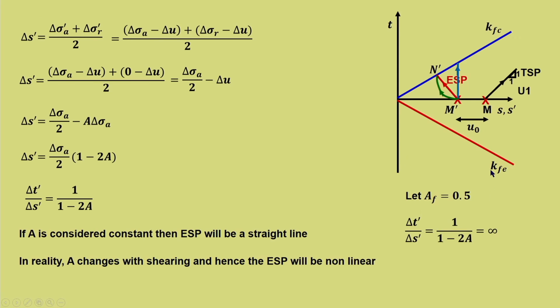In fact, this information is very important when we try to understand critical state soil mechanics. For NC, a typical A value will be 0.5. If you are representing the stress path in the T-S-S dash plot, we know that it is moving in the upward direction.